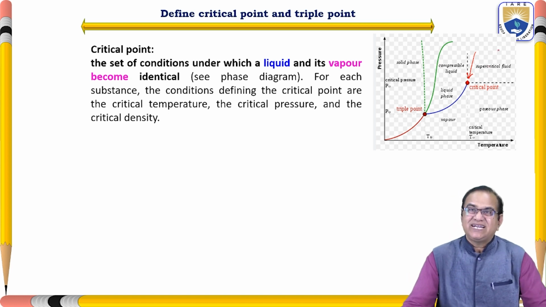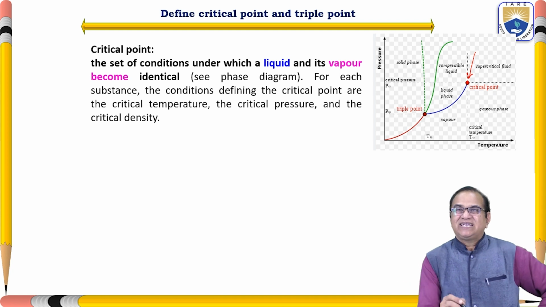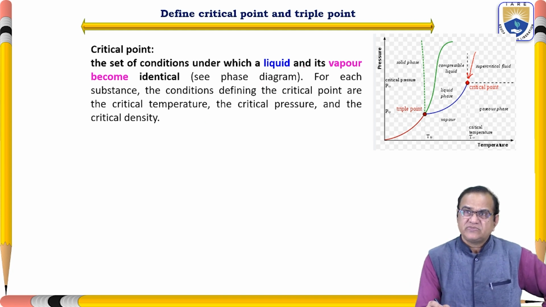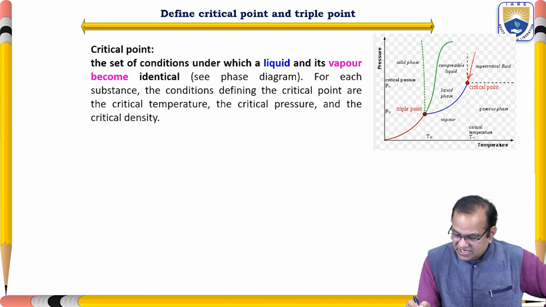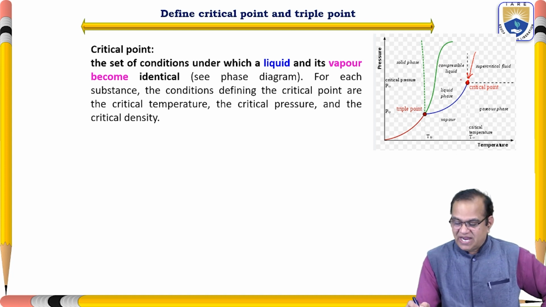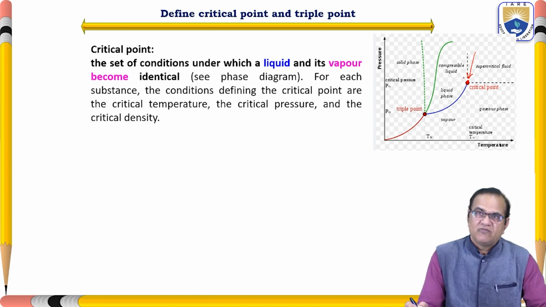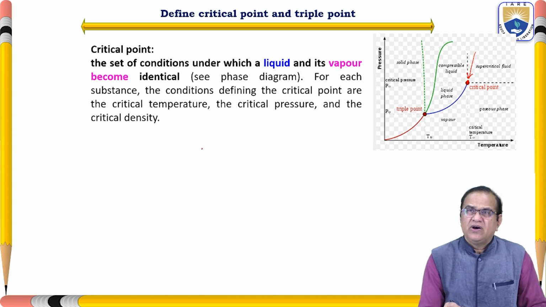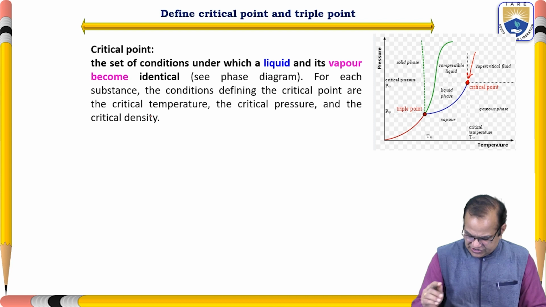So the set of conditions, it may be the pressure, it may be the temperature, and it may be the density, under which a liquid and the vapor become identical. So at this point, liquid and vapor are identical. You cannot identify which is the liquid or which is the vapor. And the critical pressure and the critical density.